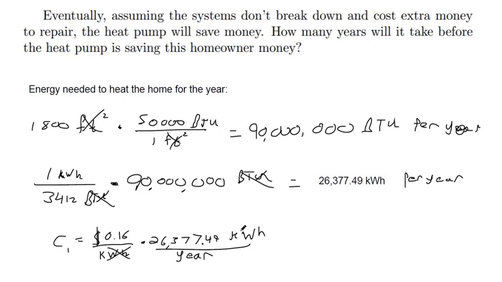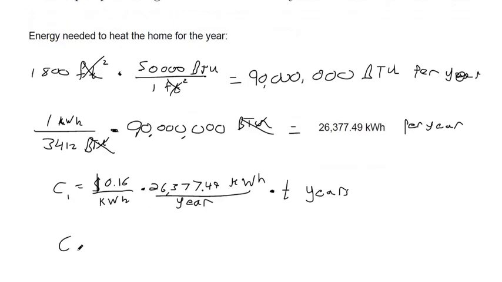So the kilowatt hours are going to cross cancel in this calculation. But you're still going to have years in the bottom. The years is the variable. We don't know how many years we're going to run this system, so we're going to multiply this by T years. Now, if you check your units, kilowatt hours cross-cancel, years cross-cancel. So we're going to have just dollars, which is what we wanted.